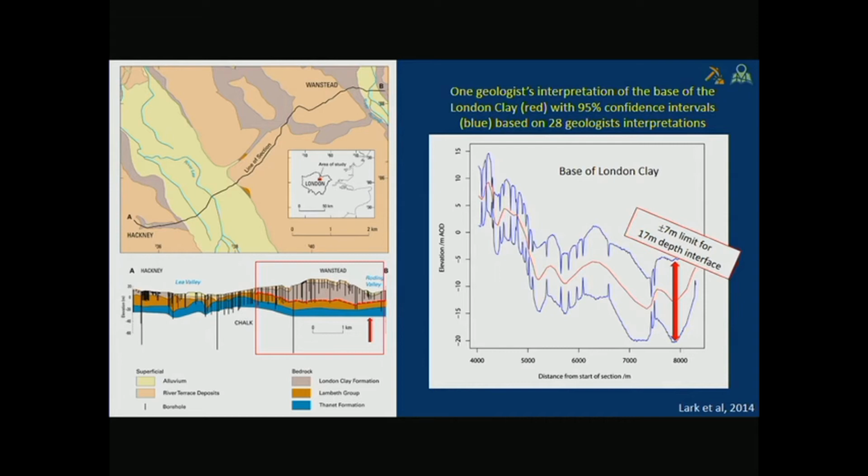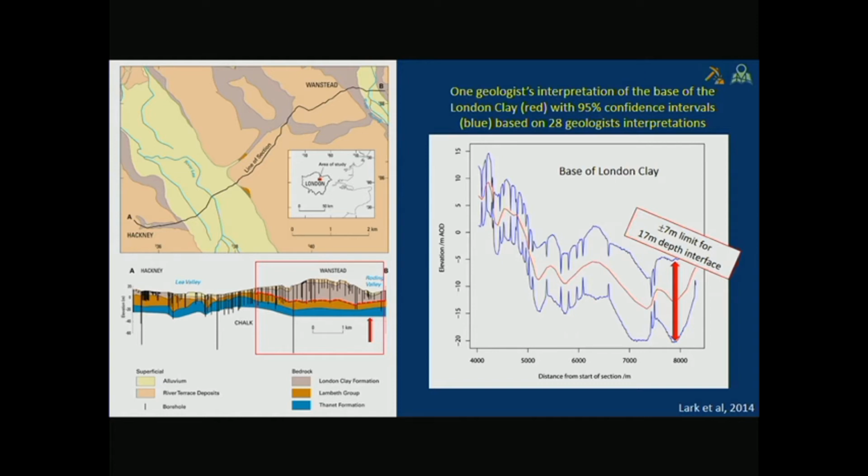And this study by Lark et al., they took 28 different geologists, gave them exactly the same data, and asked them to make an interpretation of this red dash surface. And the blue lines are the 95% confidence limits, and the red line is one particular geologist's interpretation of where that layer was.